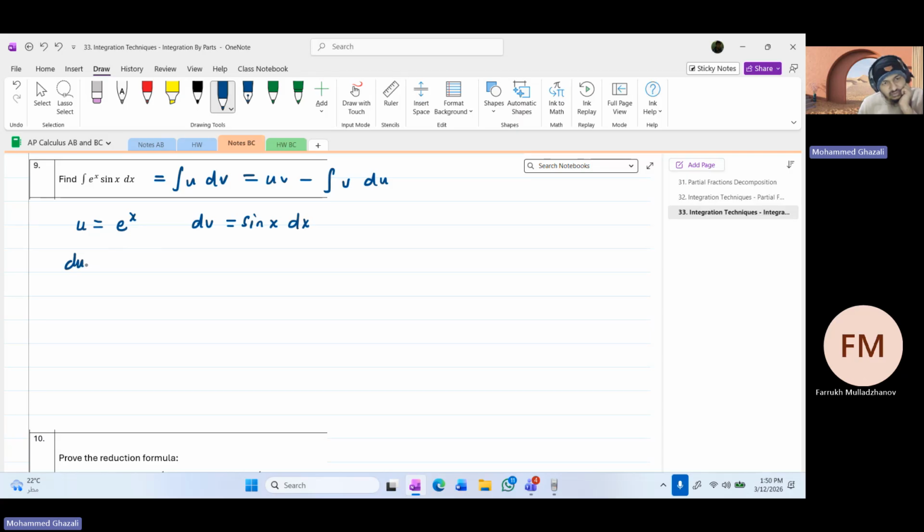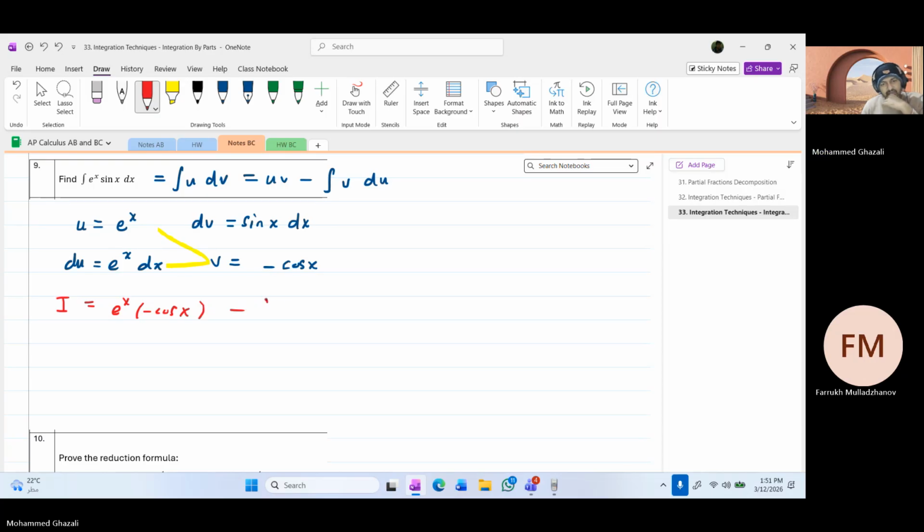So let's just say u equals e to the power x, and v is negative cos x. That's just negative cos x. So uv minus v du, so the integral now becomes, what's u times v? e to the power x times negative cos x minus v du. v is negative cos x, and du is e to the power x dx.